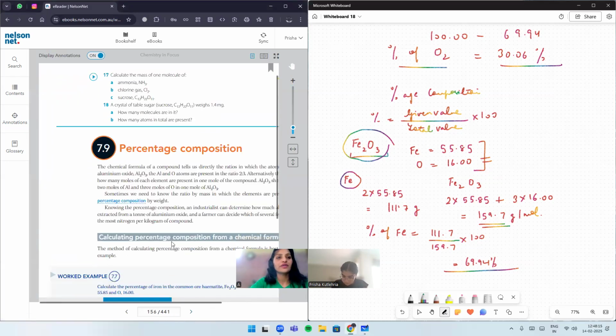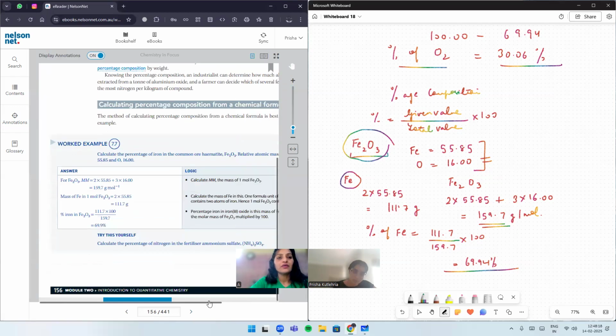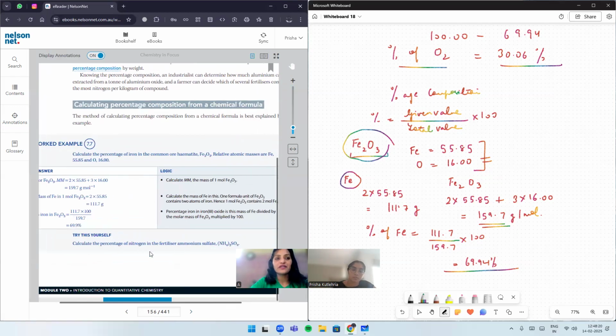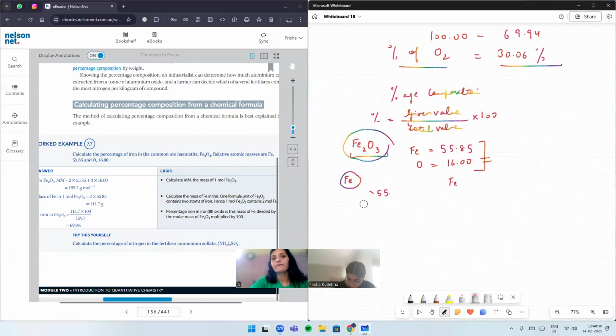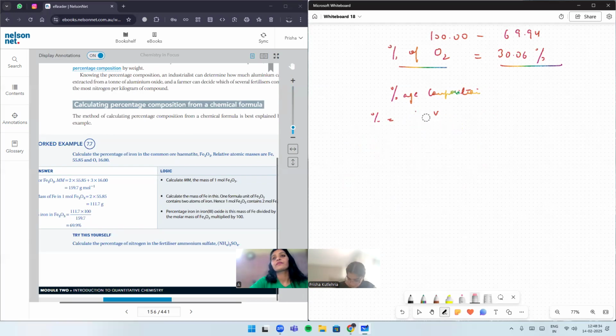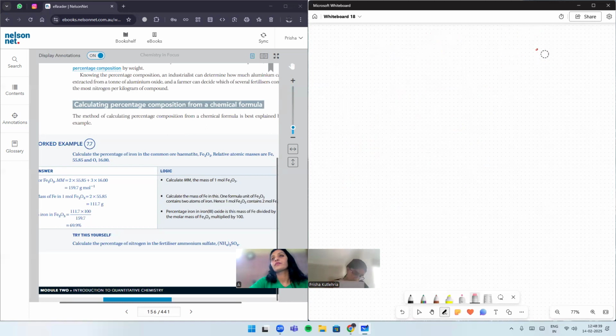Okay, the next question we are going to do. You have to calculate the percentage of nitrogen in the fertilizers. So first of all, let me clear this thing, so this will be helpful in clearing the concept. Now, first of all, we have the formula, which is NH4 whole twice SO4.